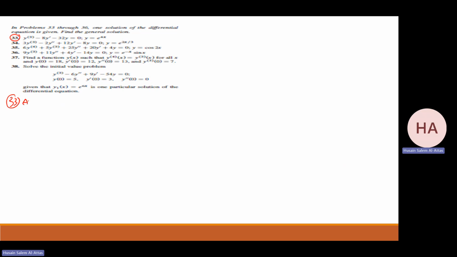So the auxiliary equation: r cubed minus 8r minus 32 equals 0. He gave me this. That means r equals 4 is a root, because I cannot have a solution e to the power 4x unless r equals 4 is a root.